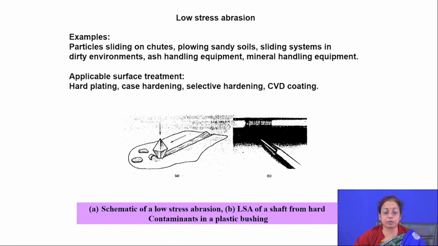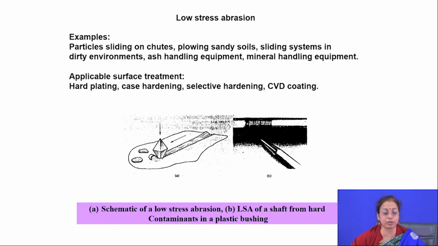So, if you talk about the minimization of low stress abrasion, naturally if you compare the kinetics of low stress abrasion with that of high stress abrasion, the wear rate will be much lower, but still it can be a dangerous form of wear, because there is loss of material from the surface.